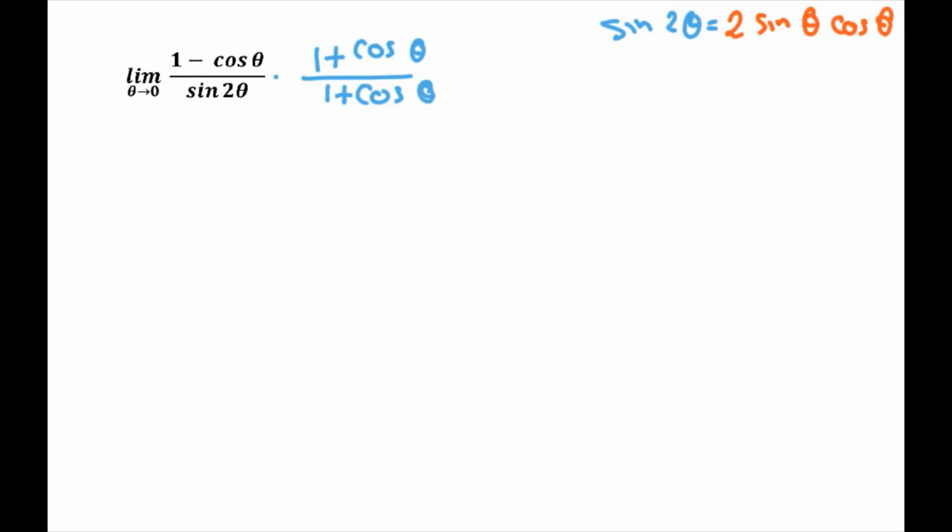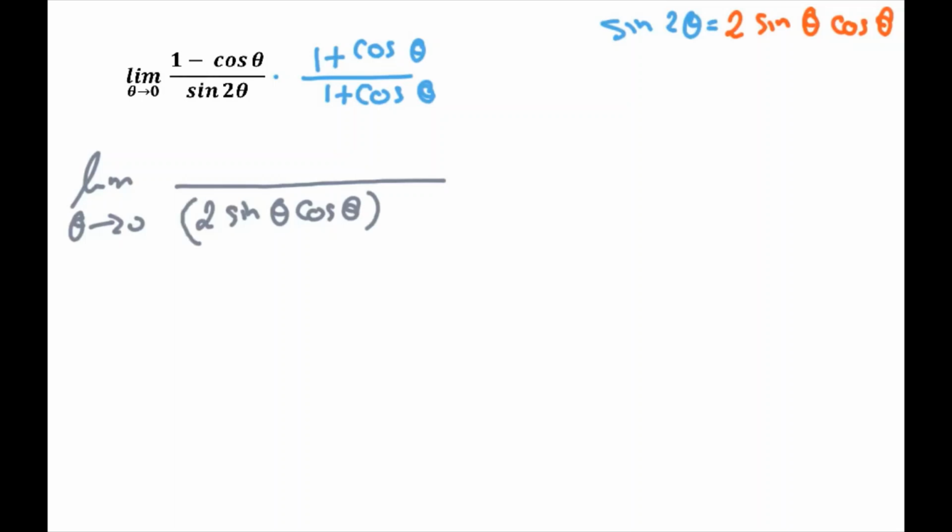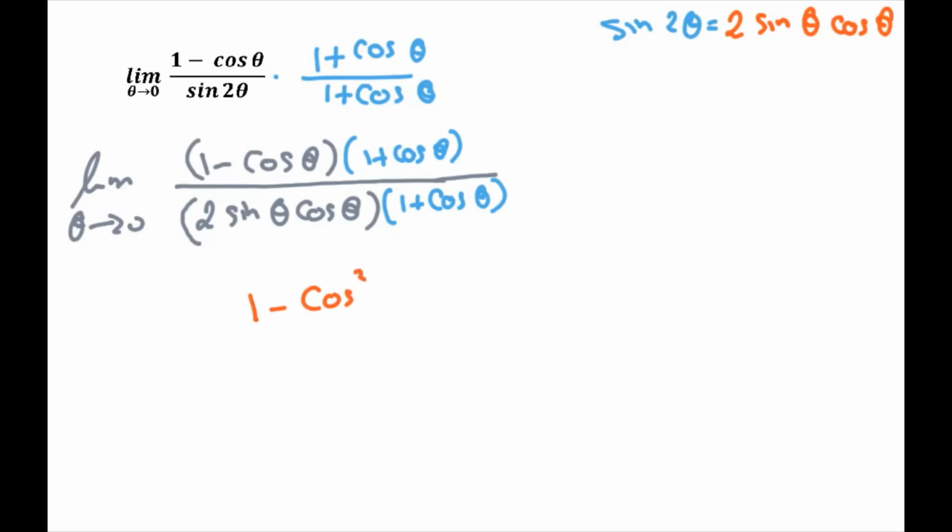It's going to be the limit as theta approaches 0 of 2 sine theta cosine theta, that's the sine 2 theta, and on the top 1 minus cosine theta, multiplied by 1 plus cosine theta on the top and the bottom. When you multiply, the numerator will be 1 minus cosine squared theta over 2 sine theta cosine theta multiplied by 1 plus cosine theta.